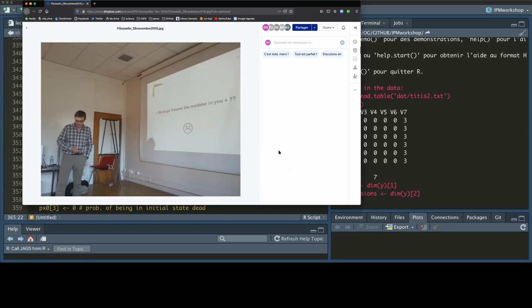As far as I remember, the point that Frédéric was trying to make is that the BUGS software is awesome because you can do all the models you want. But the risk is that you end up doing very complex models that you're not sure are, for example, totally identifiable, or you get issues in a state space model that you're not even aware of because you fitted these very complex models.